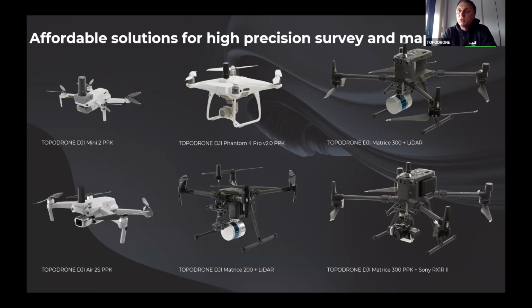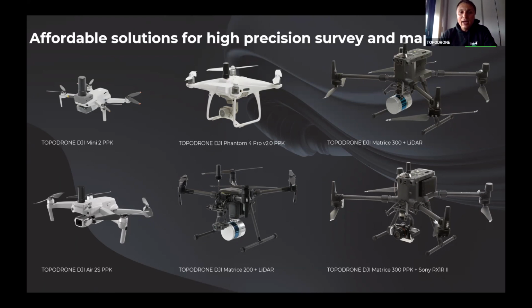All our systems work in PPK mode, post-processing kinematic mode, which allows you to fly even in hard-to-reach areas without any connection to a GSM network, without connection between drone and base station. As a result, you will get a very stable solution for real survey works, especially in hard-to-reach and difficult areas.